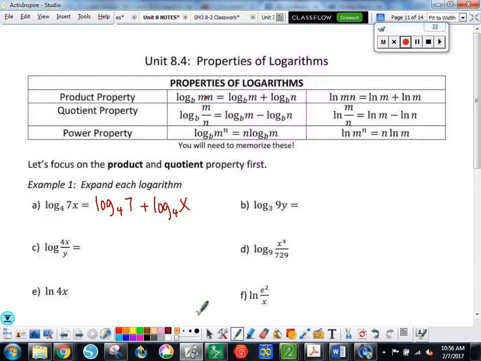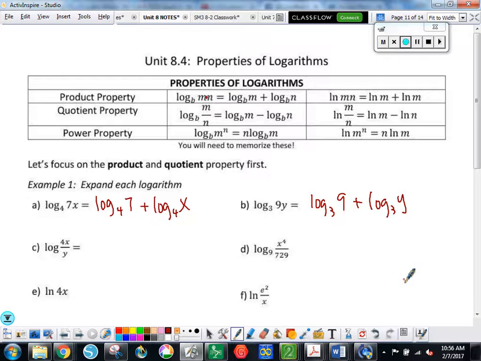On your own, try part B. So you have that 9y. You can expand it out as log base 3 of 9 plus log base 3 of y.